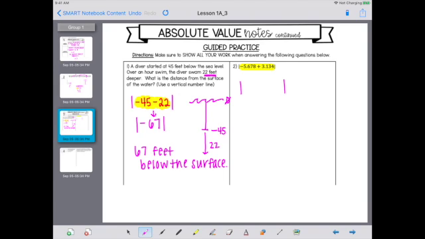On the calculator, you are going to get negative 2.544. Then you're going to solve the absolute value of that negative 2.544, and you're going to get a positive 2.544. Or if you changed it into a fraction, you would have 2 and 68 over 125ths.